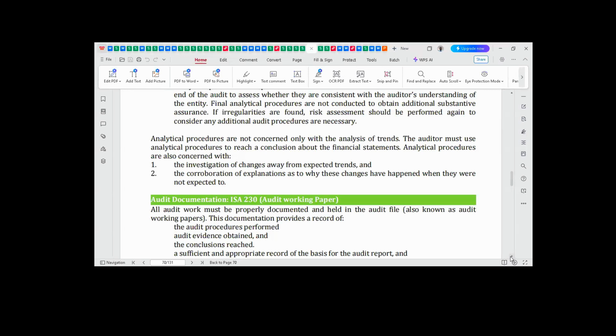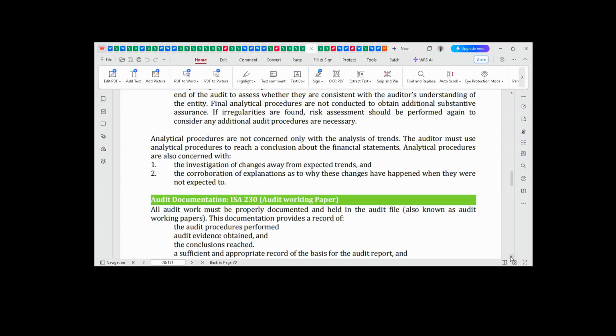Now, with the transformation from manual to computer-based, electronic, they still retain that terminology, audit working paper. But mostly now, audit working papers are contained in computer-generated or electronic documents. So I need to state that so that you understand where we are coming from and where we are now.